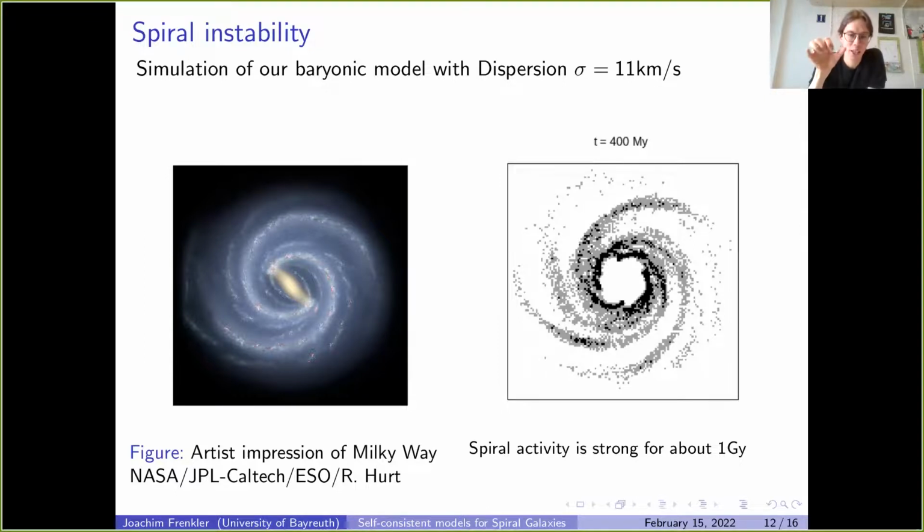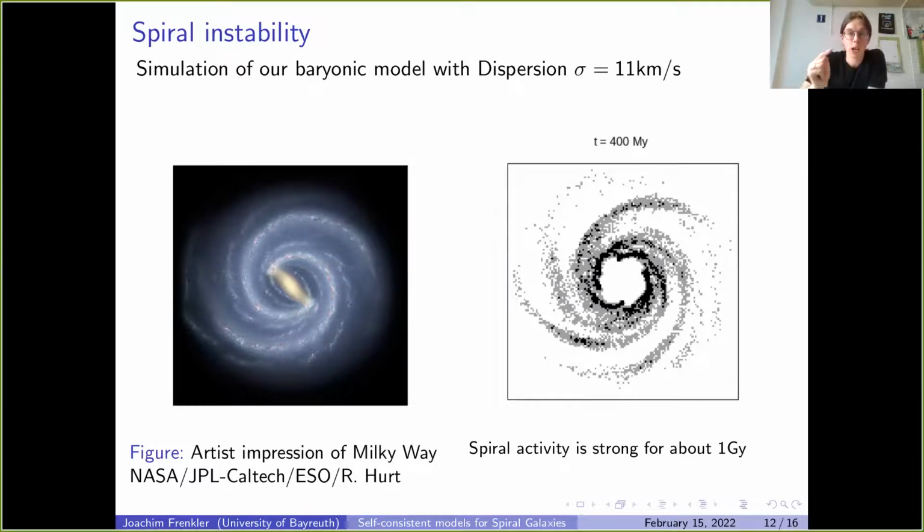In this 1 gigayear, where the spiral activity is strong, the arms move with the mass. They permanently disrupt and merge with each other and form anew. And while the spiral activity lasts, the mass passes permanently through the arms. It enters the arms and goes out on the other side.